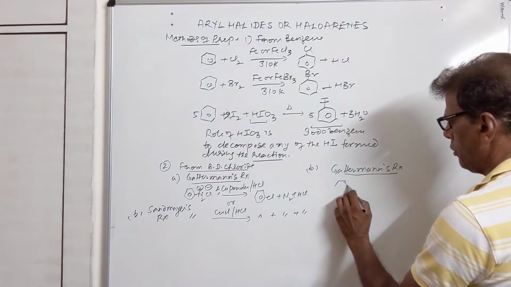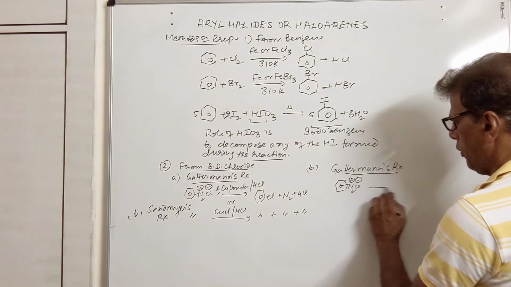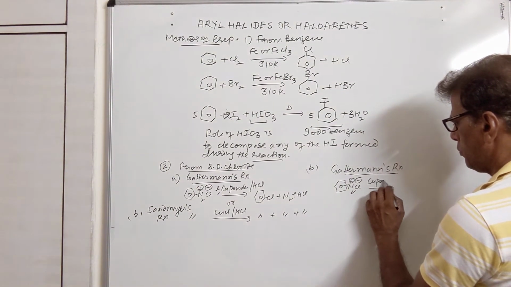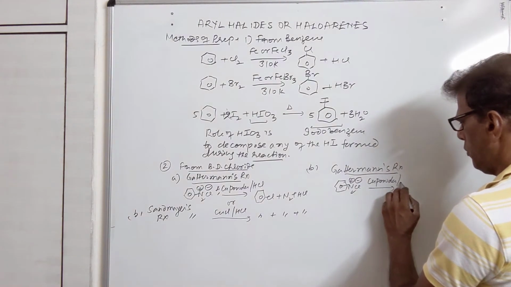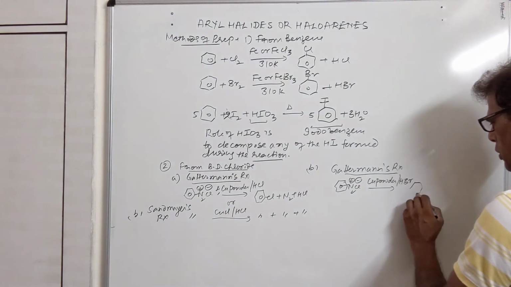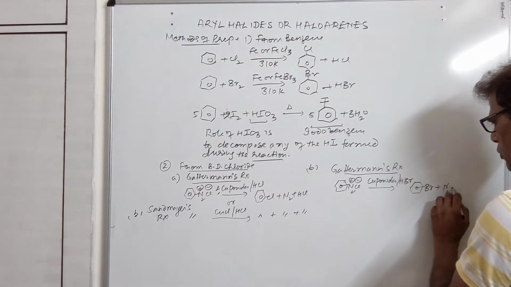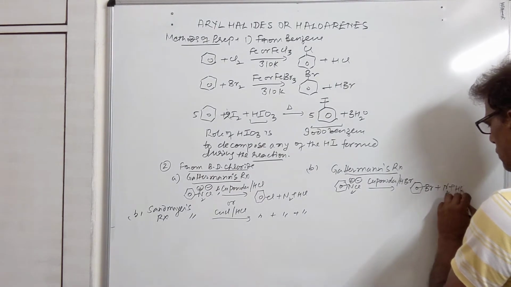You take benzene diazonium chloride, it is heated with copper powder in the presence of HBr. You get the product bromobenzene plus N2 plus HCl.